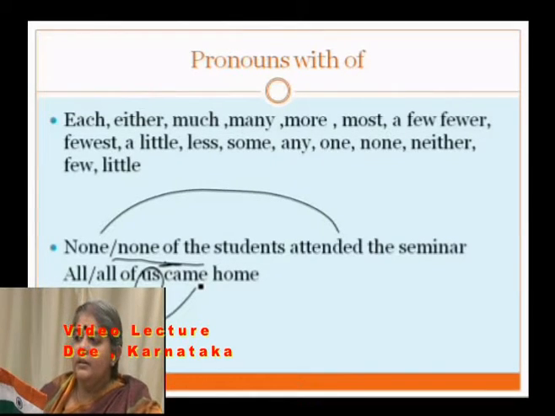Now, in this particular construction, you have seen there are several words which may occur alone or with the help of the of structure: each, either, much, many, more, most, a few, fewer, fewest, a little, less, some, any, one, none, neither, few, little.